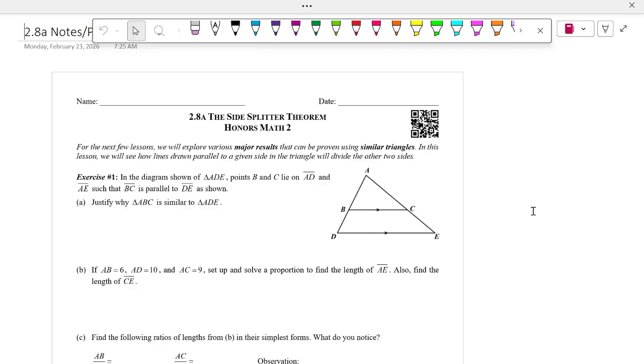I got the yellow paper and then I got... Now there's a copy of that.